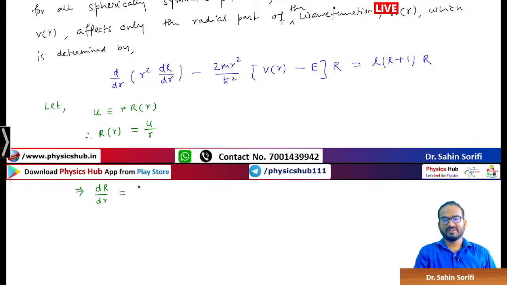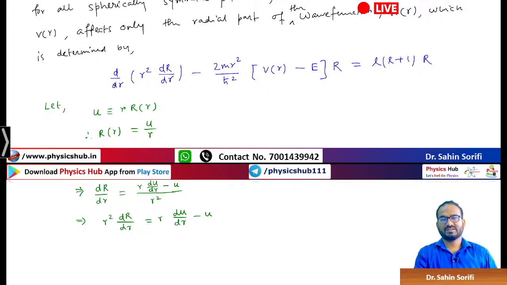Derivative with respect to r, so r squared will come here. Then what you have, r times du/dr minus u times dr/dr. That is, r squared times dR/dr equals r times du/dr minus u. So this part we have calculated.